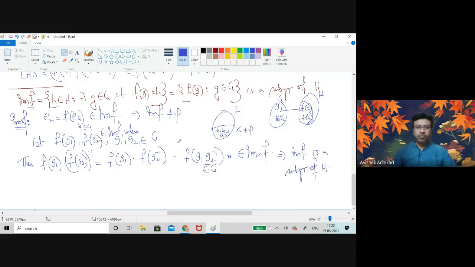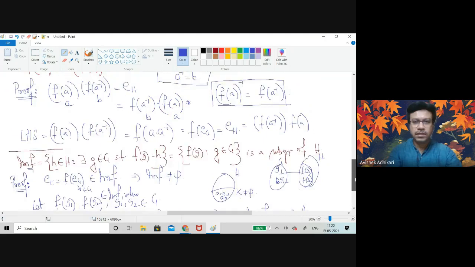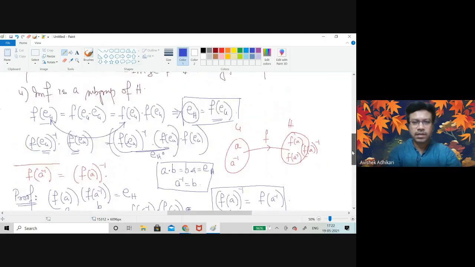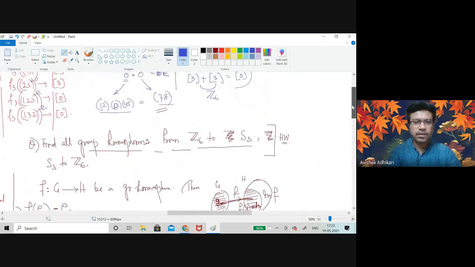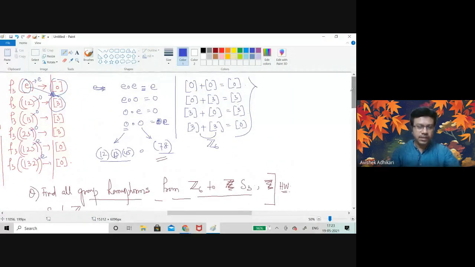So that's very important. Now when you understood this, it will be easier for you to assign these elements. Now you assign these elements in this way, you can understand what my image of f is. Can anybody tell me what my image of f is in this case?